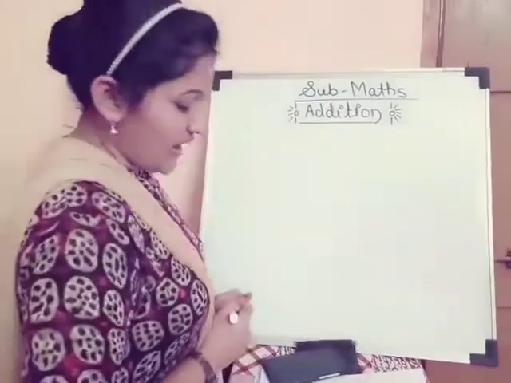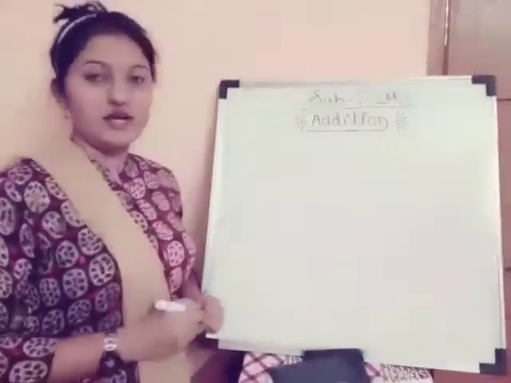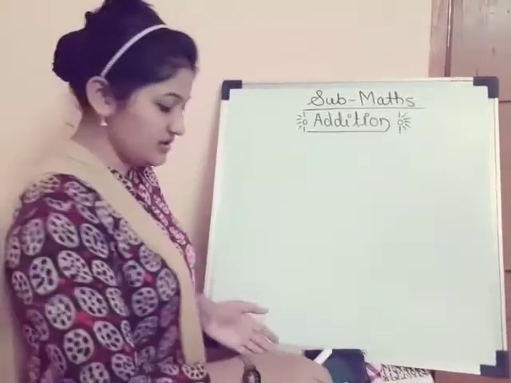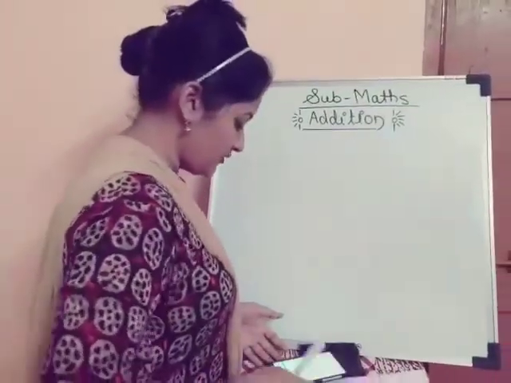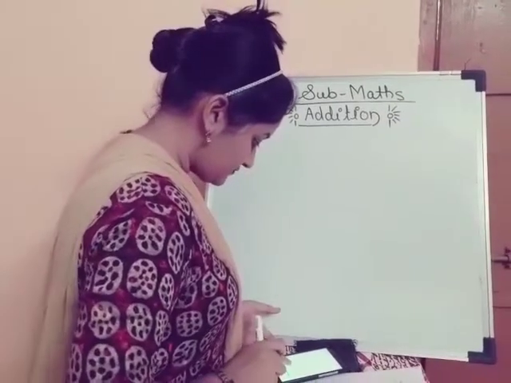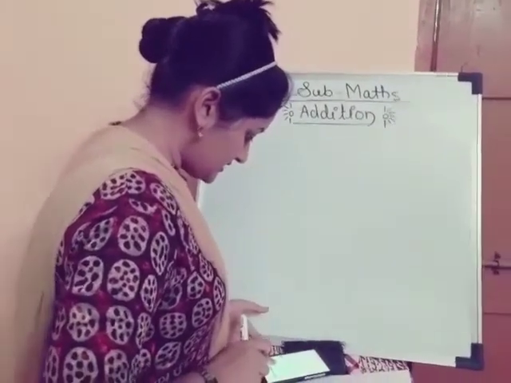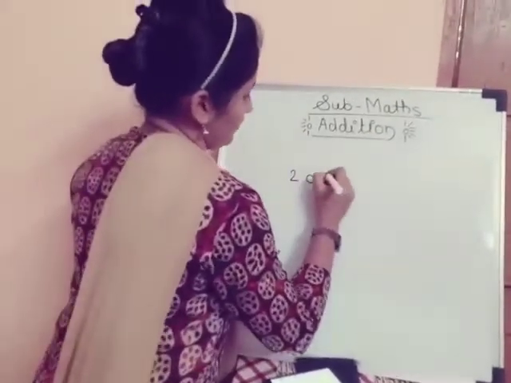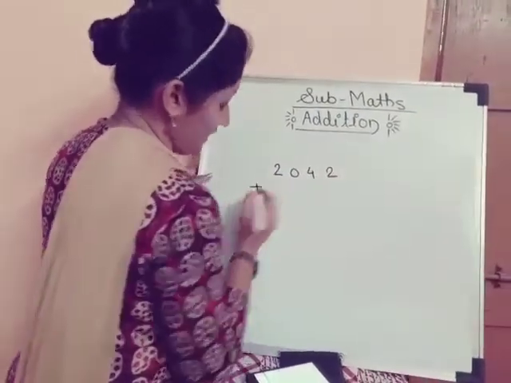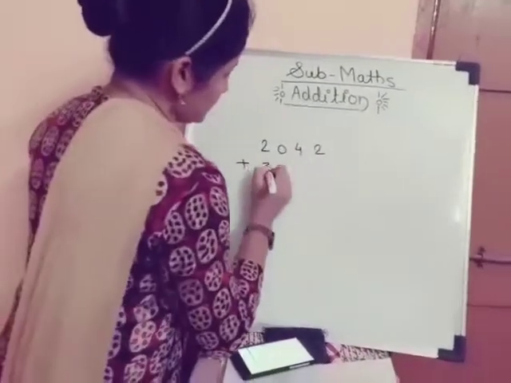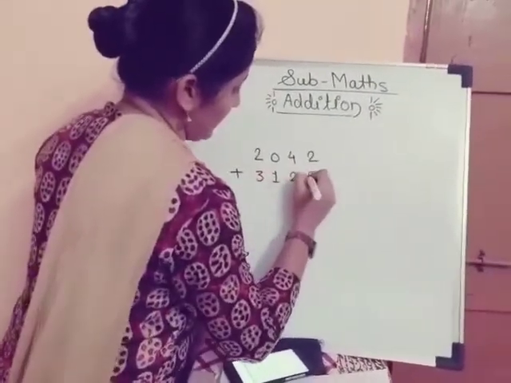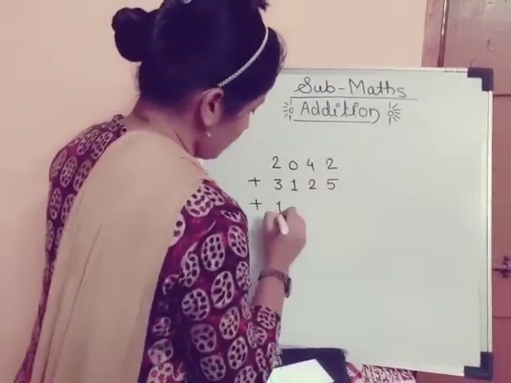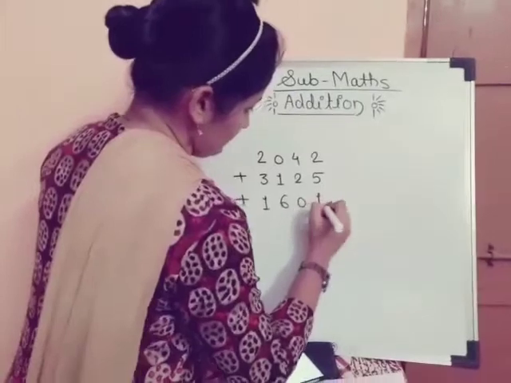The next is addition of 3 numbers. 3 numbers can be 3-digit numbers or 4-digit numbers too. We will have the example of 4-digit numbers from the next exercise, that is 2.4. 2042 plus 3125 plus 1601.